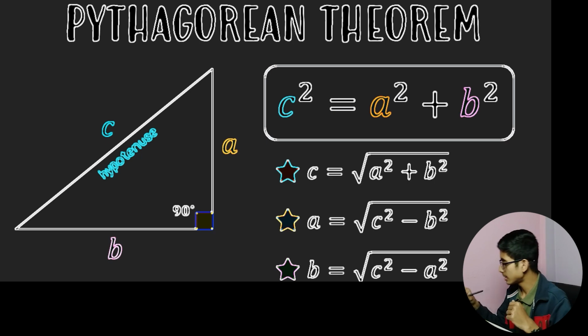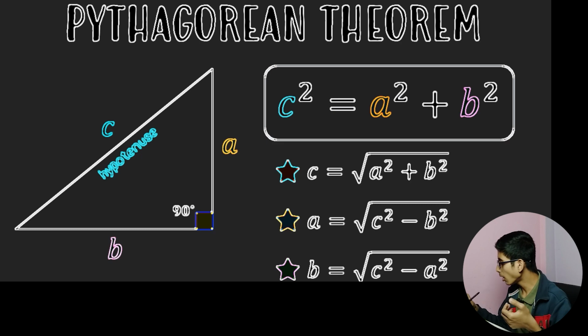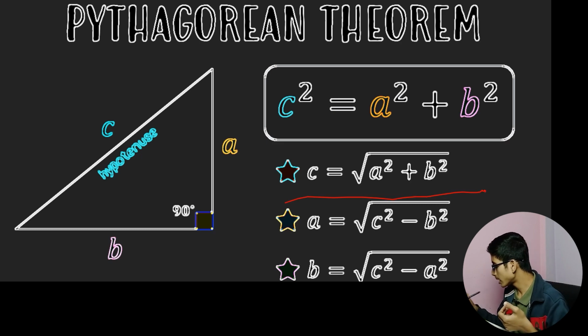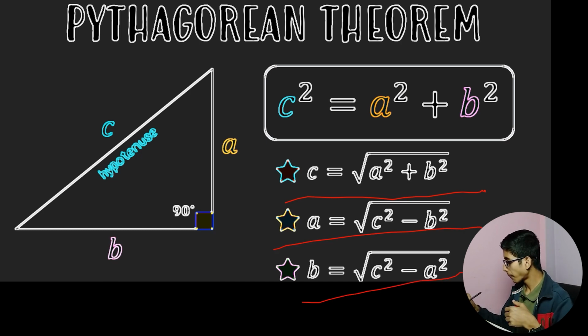On the screen you can see that c squared is equal to a squared plus b squared. This is the same as a squared plus b squared is equal to c squared, and also c is equal to root of a squared plus b squared, and a is equal to root of c squared minus b squared, and also b is equal to root of c squared minus a squared.